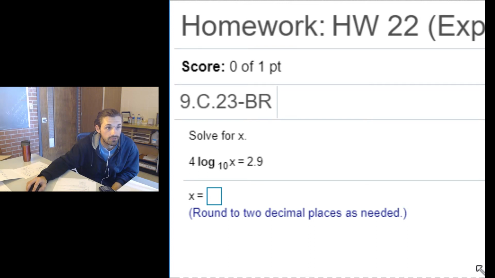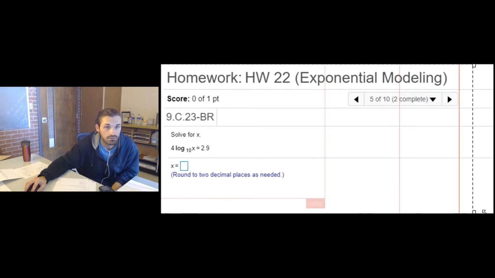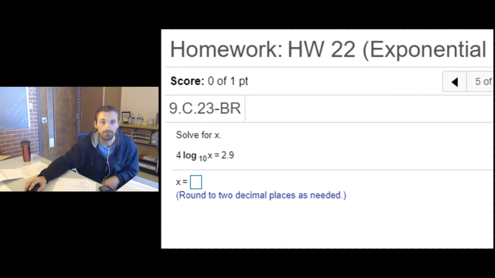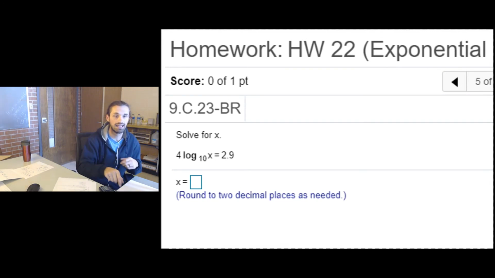Let's look at number 5. And yeah, let's stay zoomed in. So 4 log 10 of x equals 2.9.